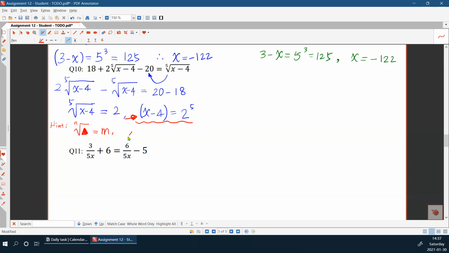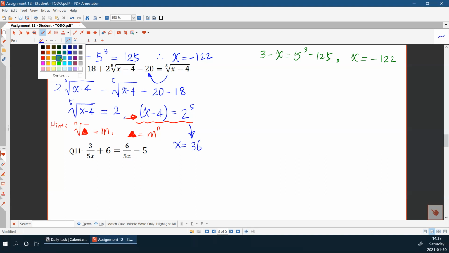A triangle sign inside the radical sign is actually m raised to the nth power, right? Understand? No question here, right? So from the final step, we can solve: x is 2 raised to the fifth power, which is 32. 32 plus 4 is 36, right?